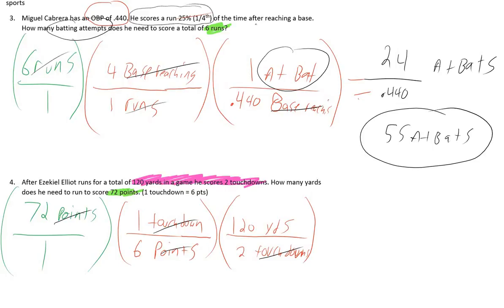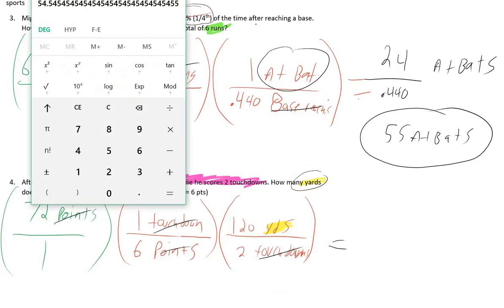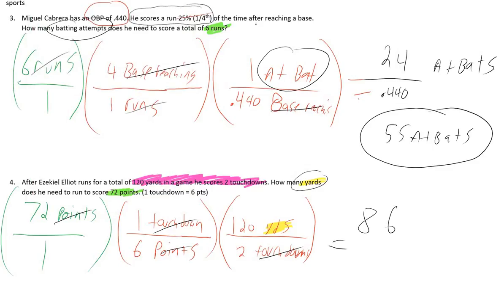Touchdowns cancel. All right, and how many yards does he need to get? That tells us that we're now at our answer because yards, which is our desired unit, have finally appeared. So our numerator is going to come out to be 72 times 120, which is 8,640, over 6 times 2, which is 12.